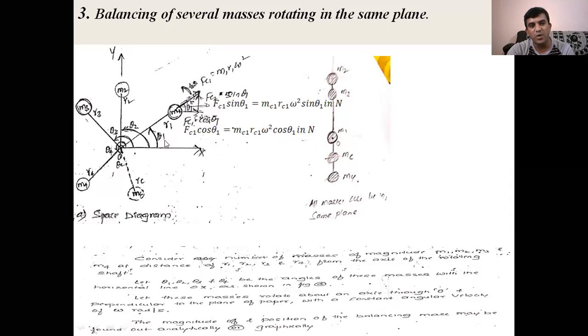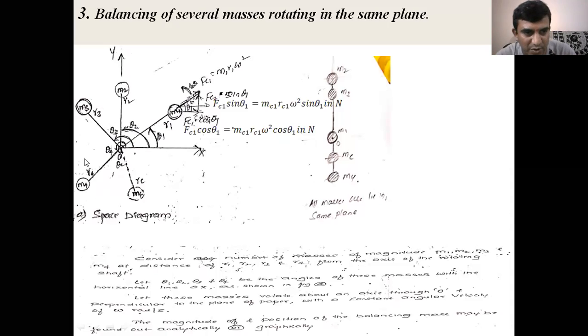And we also get the orientation, which you should measure counterclockwise with respect to the horizontal x-axis. What is theta 1? Theta 1 is the orientation of the first mass with respect to the x-axis. For the second mass it is theta 2, third mass theta 3, fourth mass theta 4.